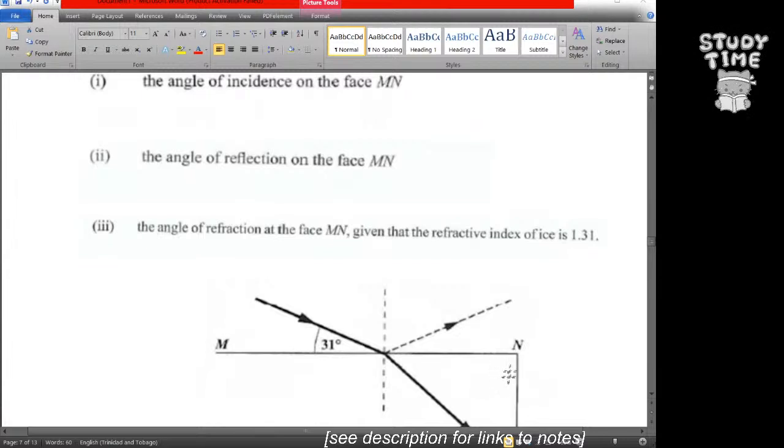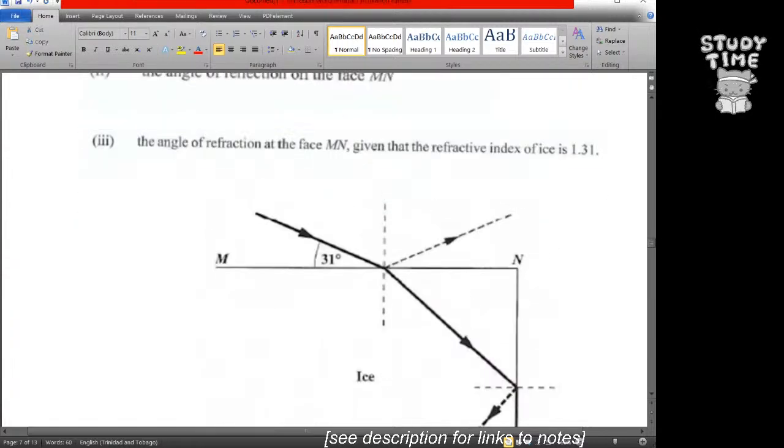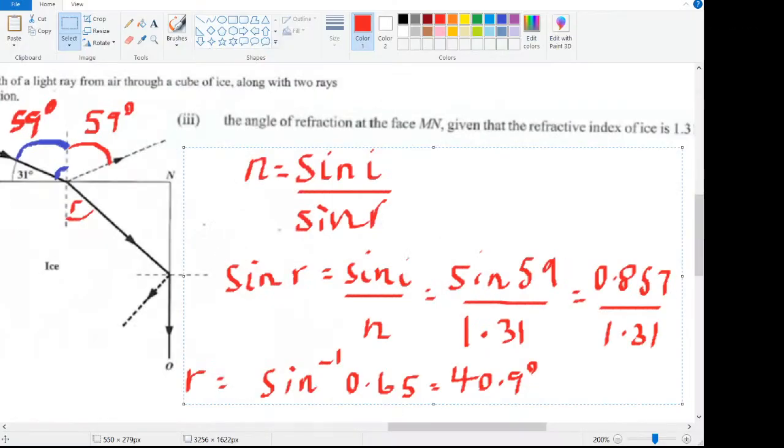Well, 0.87 now, but I'll just round it to 0.9. Nice, you get it correct in here. Alright, so hopefully all of you got that. So 40.9.